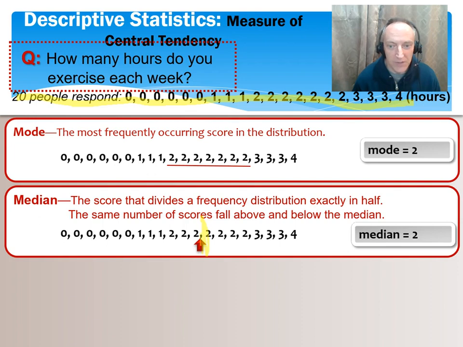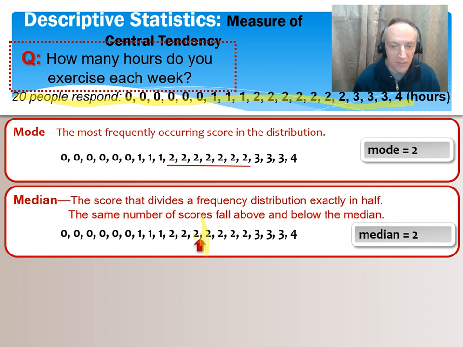So 2 is our median. Let's say instead that we had, instead of a 2, we had a 1 and a 2. Right in the middle would be somewhere in between. In that case, our median would be 1.5.